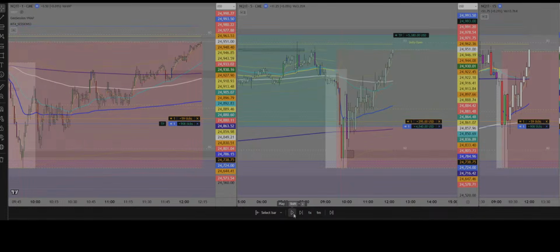There's no vector. Let me just pause it and make sure. So see how we've come back and we've taken back these imbalances? That's fine.